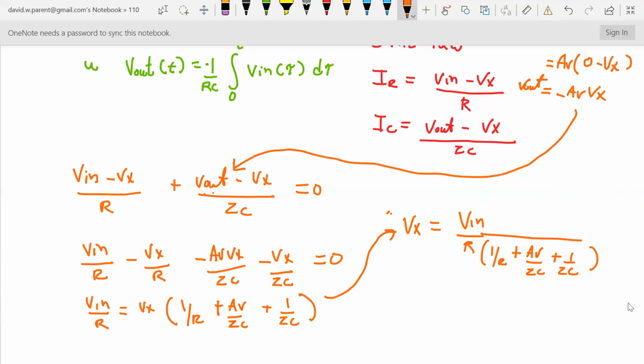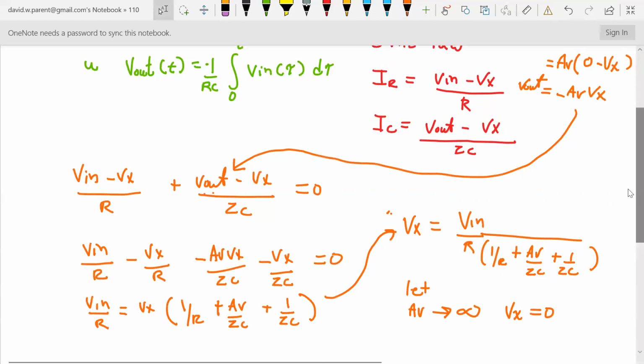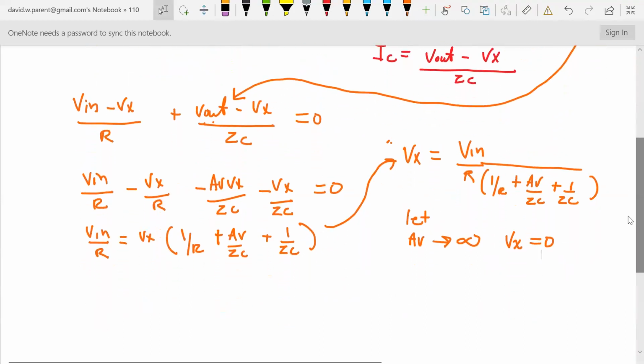Now, let AV go to infinity, and that will make Vx go to 0. As this gets really big, it's going to dominate 1 over R, and it's certainly bigger than 1 over Zc. So as this goes to infinity, Vx goes to 0, which you probably already knew, probably because it's memorized.